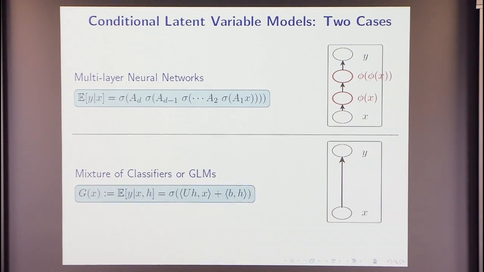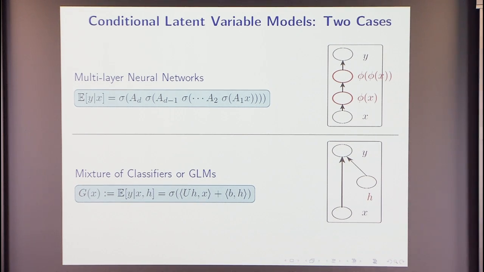So another model we can think of is, the classic setting is to think of a generalized linear model for the label given the input, but we'd like to expand on this and instead think of a mixture of generalized linear models. So instead of one generalized linear model generating the label, we'd like to now think of it as a mixture.